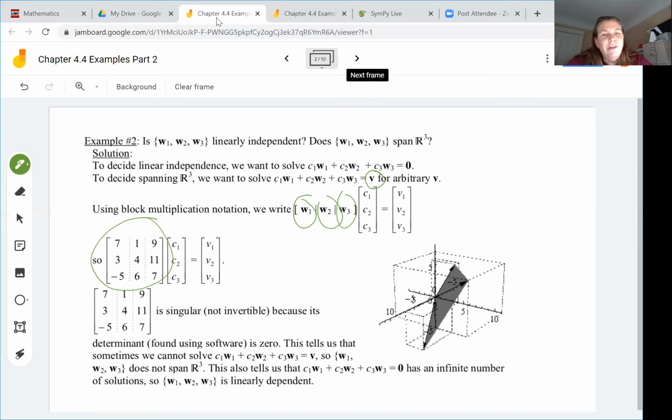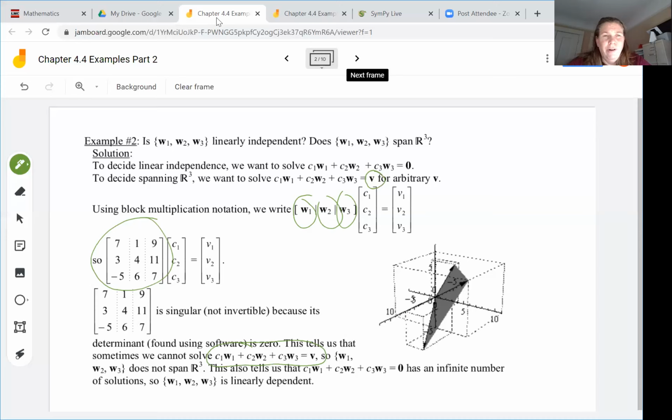And so this is not invertible because if you go check in SymPy, its determinant is 0. So you're welcome to pause the video and go check and verify that. So this tells us that sometimes we cannot solve C1 W1 plus C2 W2 plus C3 W3 equals our vector. So this set does not span R3. It also has an infinite number of solutions, so the set is linearly dependent.